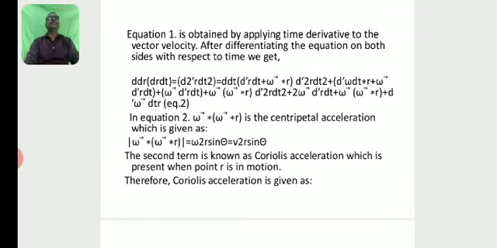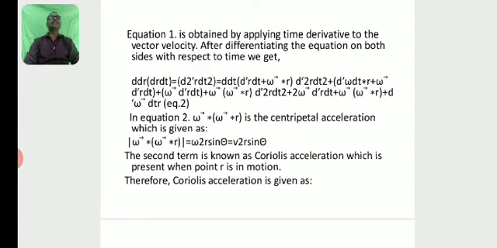Equation 1 is obtained by applying the time derivative to the vector velocity. After differentiating the equation on both sides with respect to time, we get d by dt of dr by dt, which is equal to d square r by dt square, is equal to d by dt of d dash r by dt plus omega cross r.